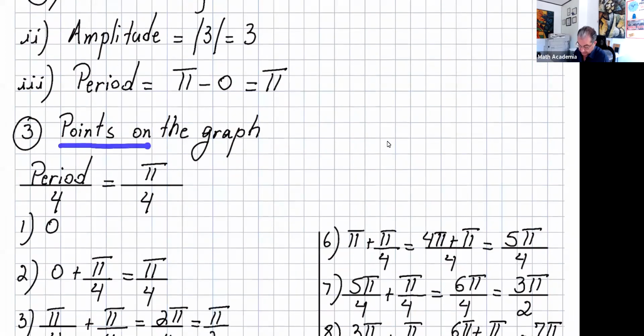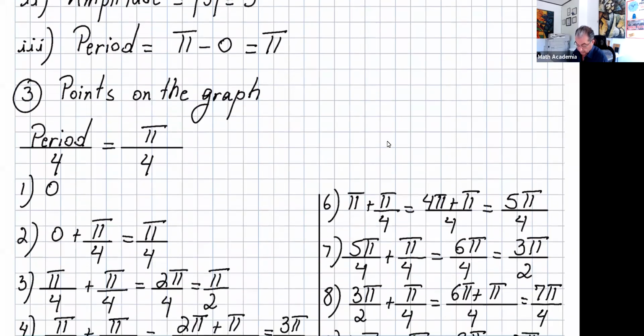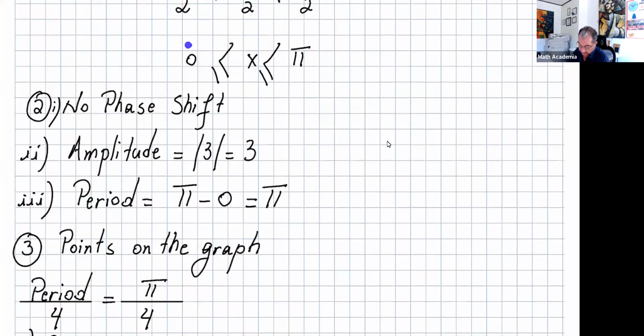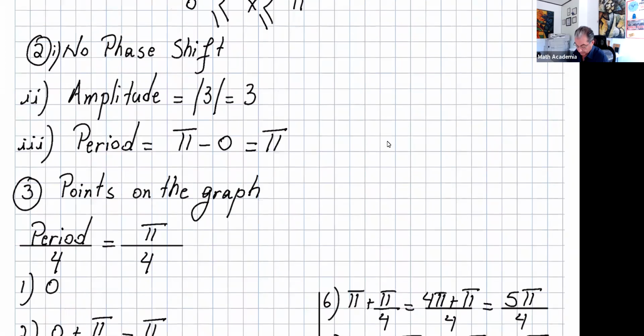Third step is to get some points on the graph, and you need to show all these points. To get those points, we know the period has 4 major parts. So you take the new period, which is pi, and you divide that by 4, and you start with the starting point, which is 0.